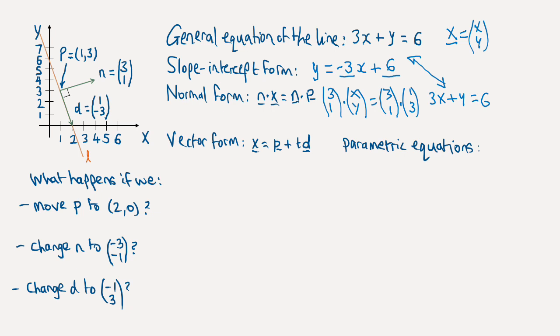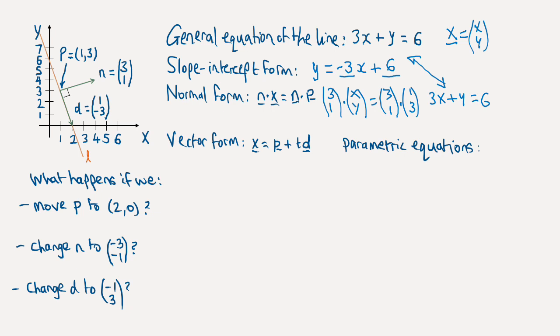Next, let's think about the vector form of the equation. So we're going to use the point P again, and now we're going to use a vector d, which is called the direction vector. So starting from point P, if we move along the line, for every 1 in the x direction, we're going to go minus 3 in the y direction, so the direction vector is 1, minus 3.